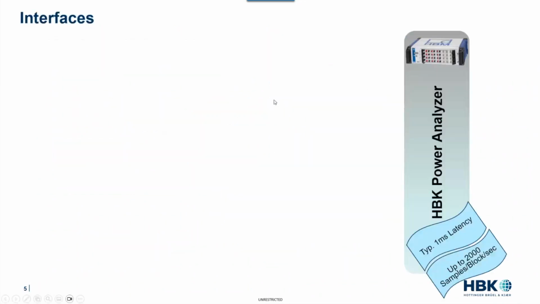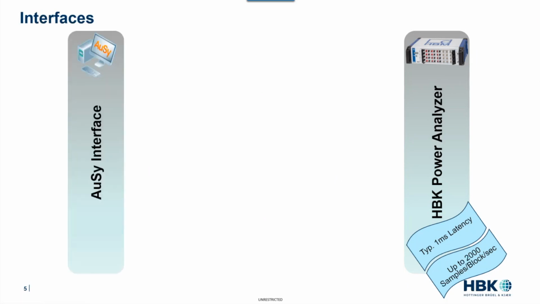So if we look into the integration capabilities a little bit more, on the power analyzer, we're able to provide a 1 millisecond latency of those real-time calculated results that get published. And depending on which bus you're communicating over, you can have up to 2,000 samples per second update rate coming out of the analyzer to the automation system.